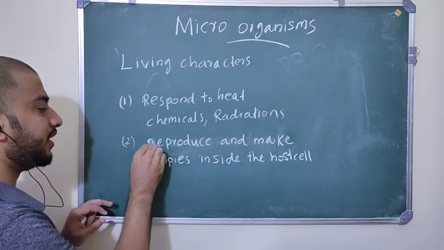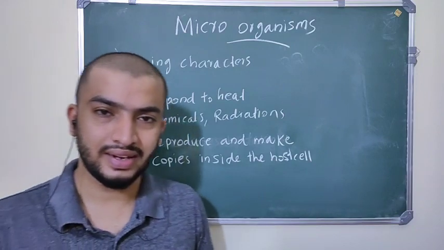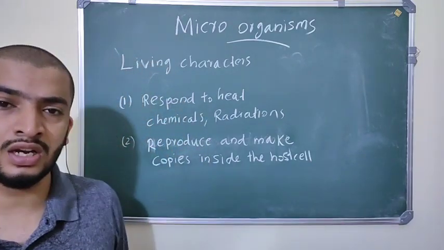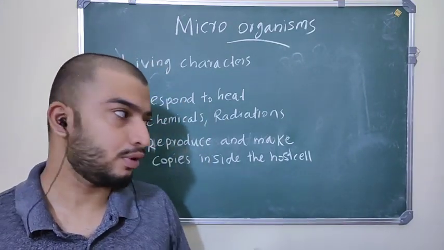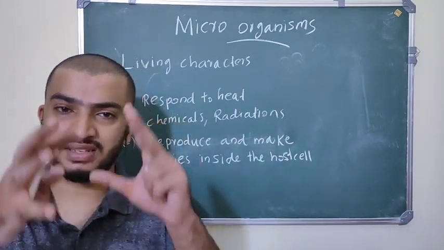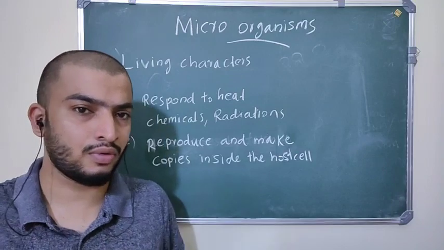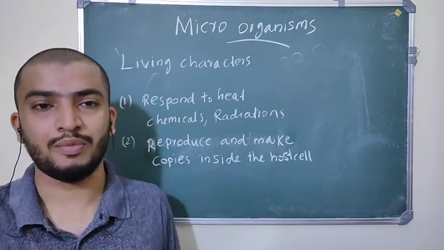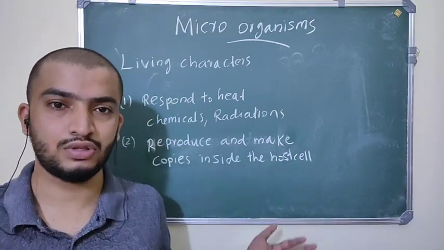When they enter the host cell, they take all the machinery of the host cell and produce copies of their genetic material and protein coat, and they assemble all these structures of the virus. They form a complete virus and come outside the host cell.